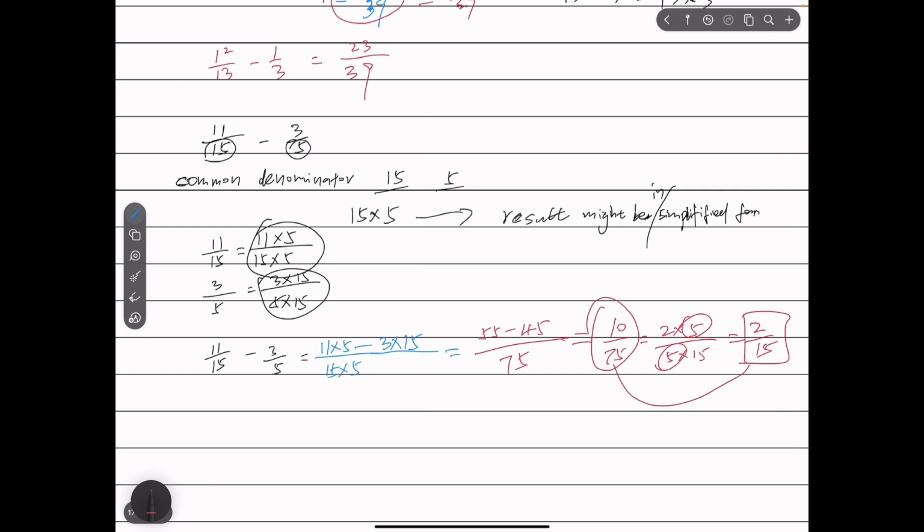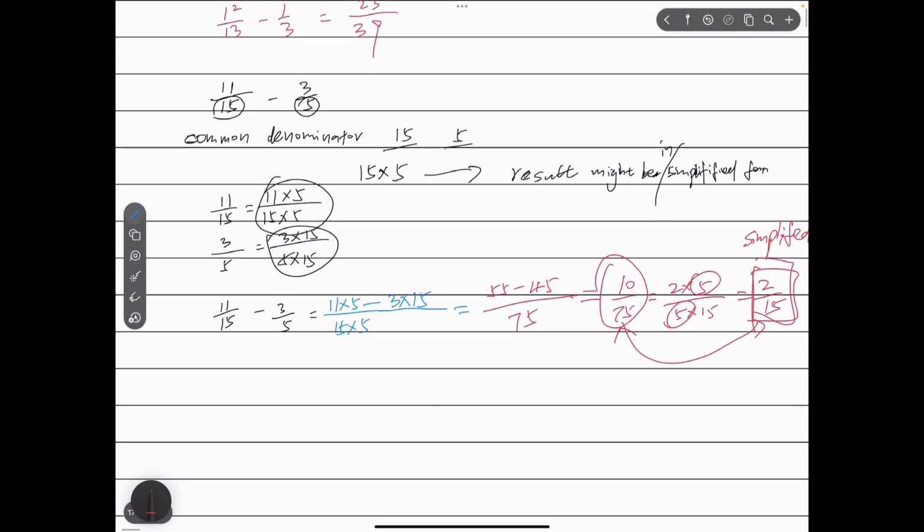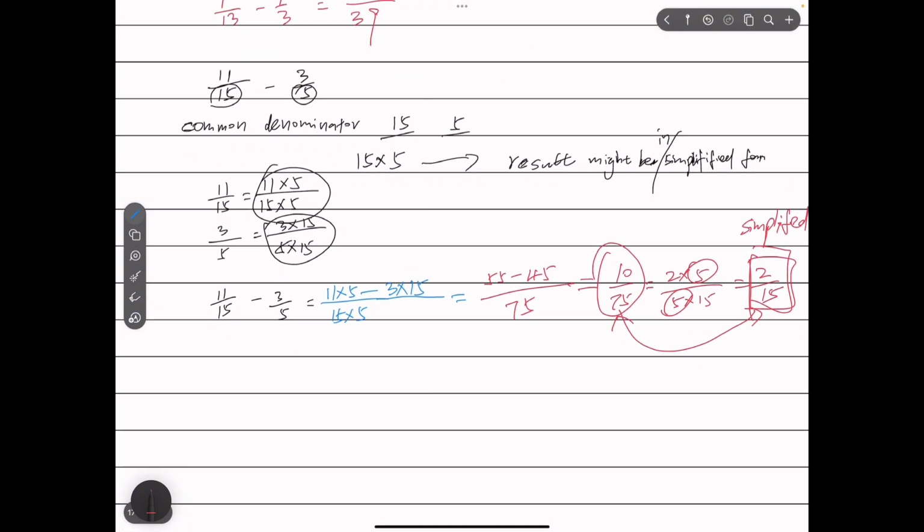So this number and this number are the same result, but this one is simplified. Simplified means we cannot cancel any common factor from the top and the bottom. So that's the final result.